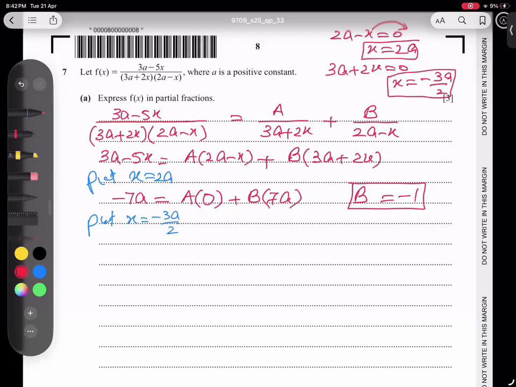Okay, so when I replace this value, what do I get? Hold on, 3a is already available. There's a plus 5, 3 fives are 15 divided by 2, and we are getting here 21 over 2a.